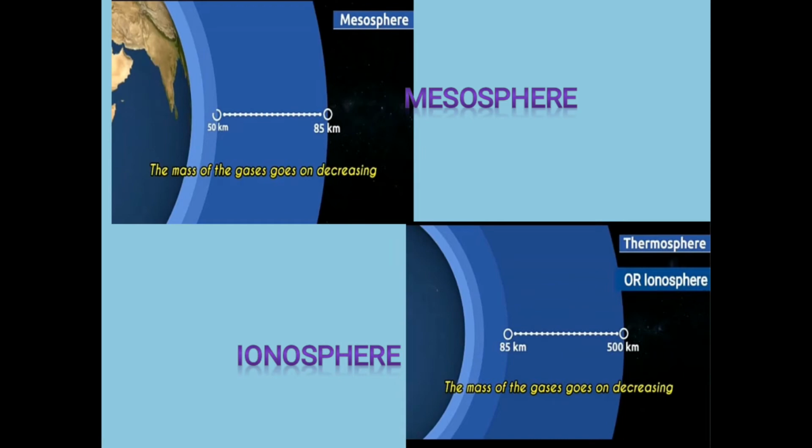Now, the fourth layer of the atmosphere is the ionosphere, which is 85 km to 50 km away from the mesosphere. In this sphere also, the mass of the gases goes on decreasing. So it means in the mesosphere and the ionosphere, the mass of the gases goes on decreasing or becoming less.